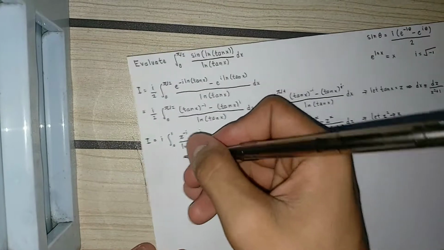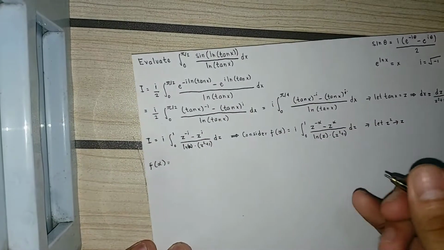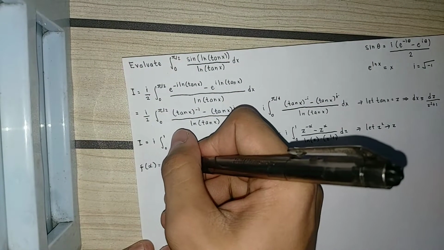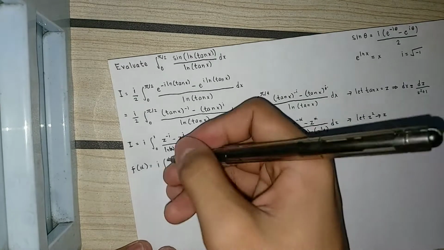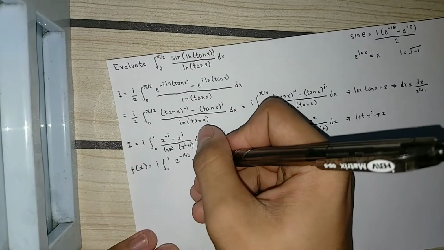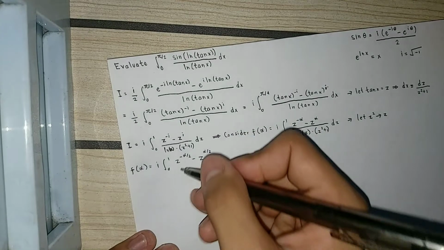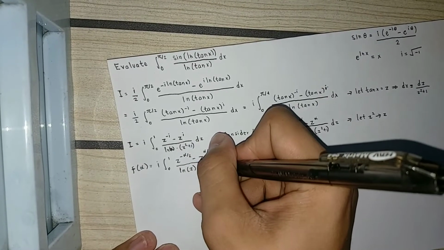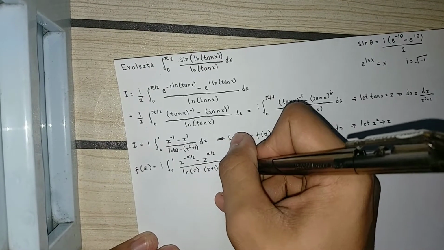Then we will have our f of alpha is equal to i times integral from 0 to 1 of z raised to negative alpha divided by 2 minus z raised to alpha divided by 2, over natural log of z times z plus 1 times square root of z dz.